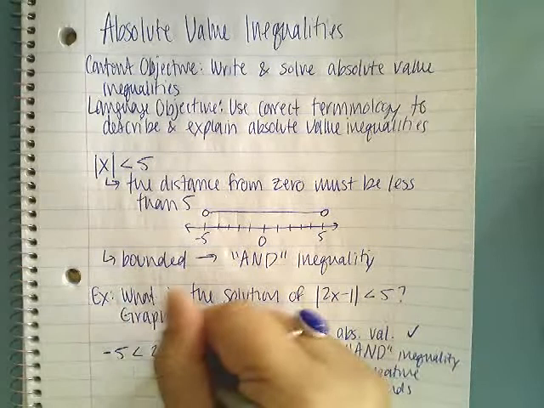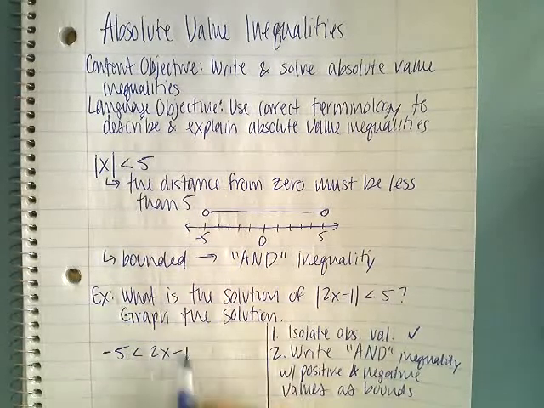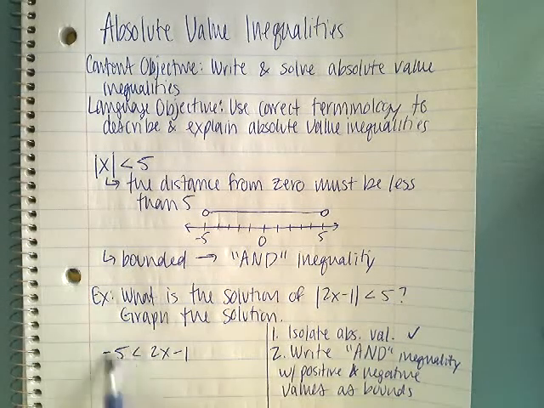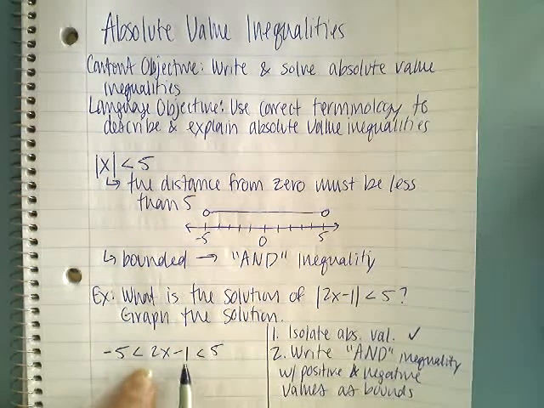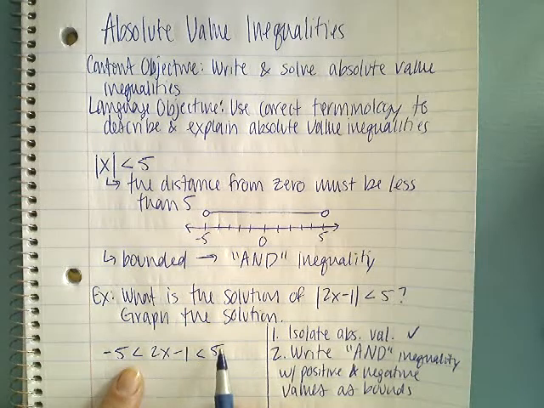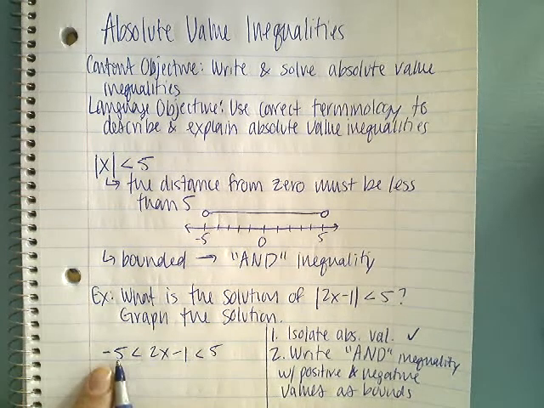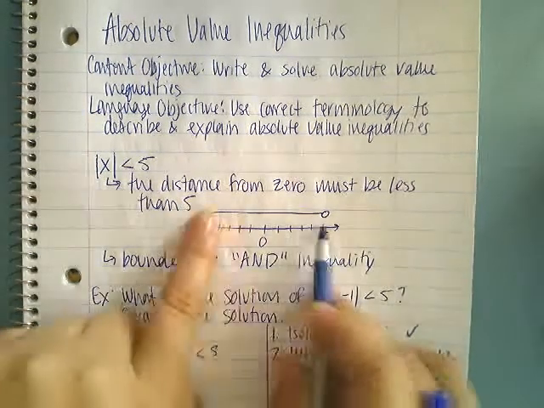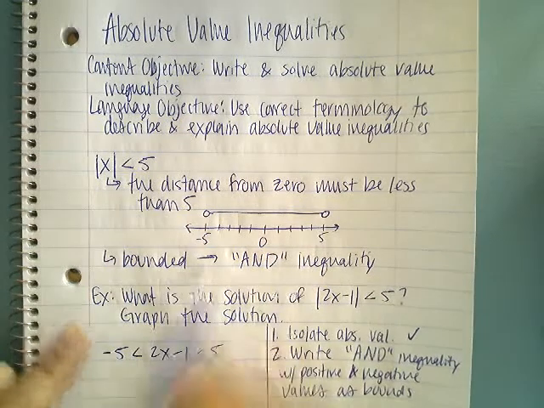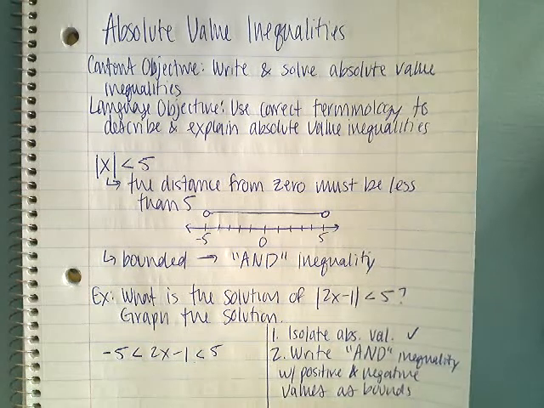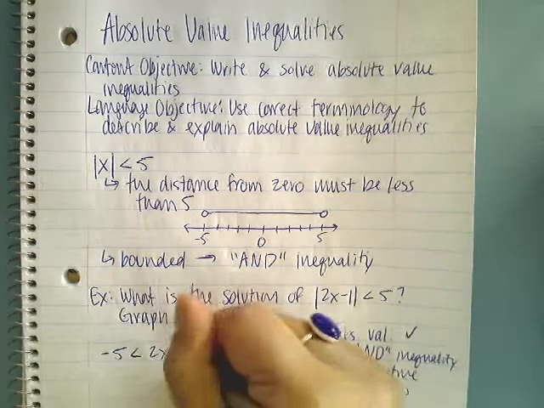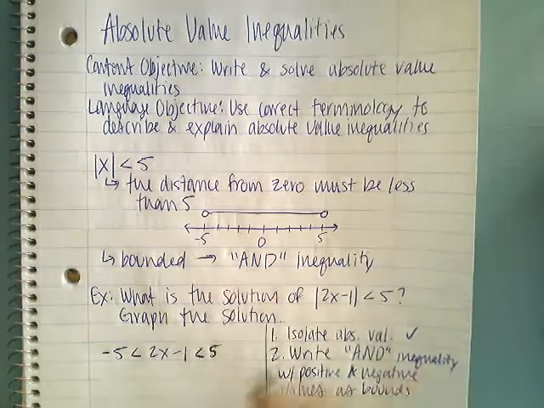And then I have 2x minus 1, so that the distance from 0 has to be between -5 and 5. So I know that when I solve this out, it could be either greater than -5 or less than 5. When I solve it out with values instead of distances, it's between -5 and 5. So I've set up my and inequality or my sandwich inequality, however we want to call this.